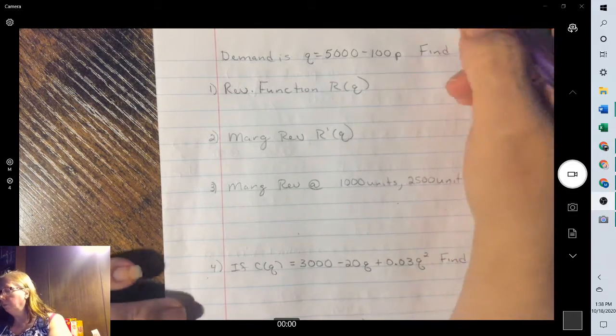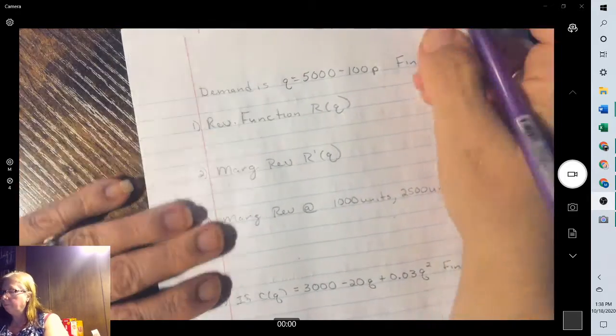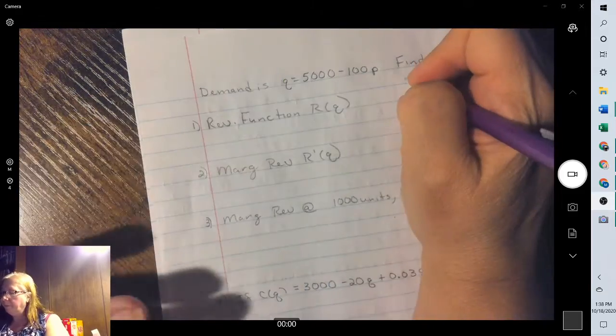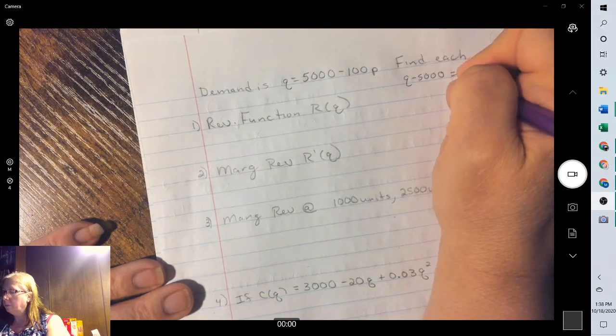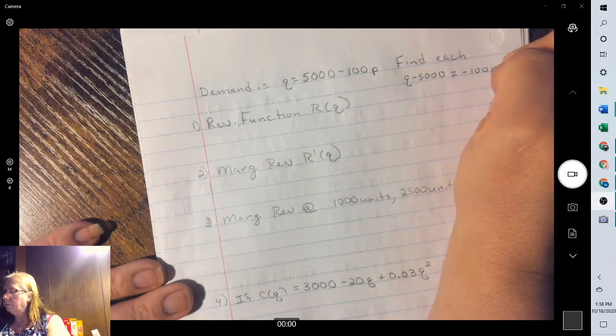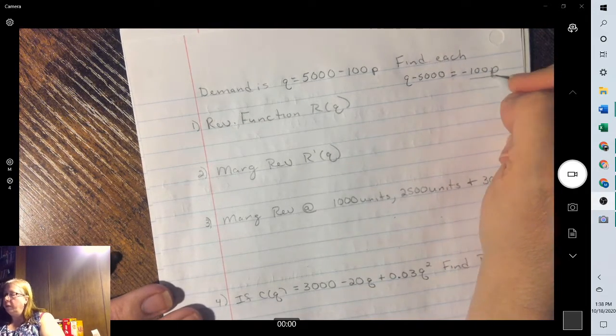So you want to bring the 5,000 over, and then divide by 100.